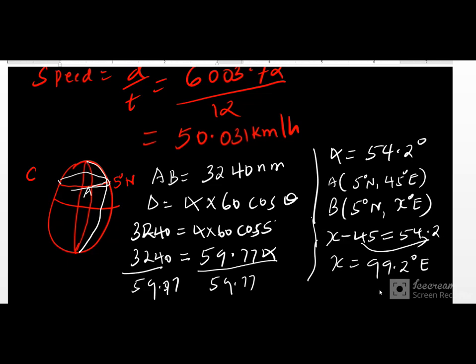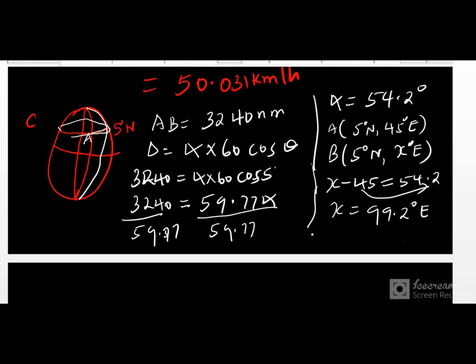Therefore the position of island B will be 5 degrees north, 99.2 degrees east. And that is it.